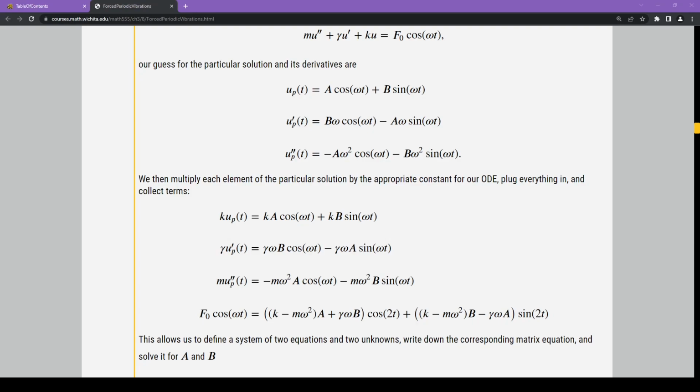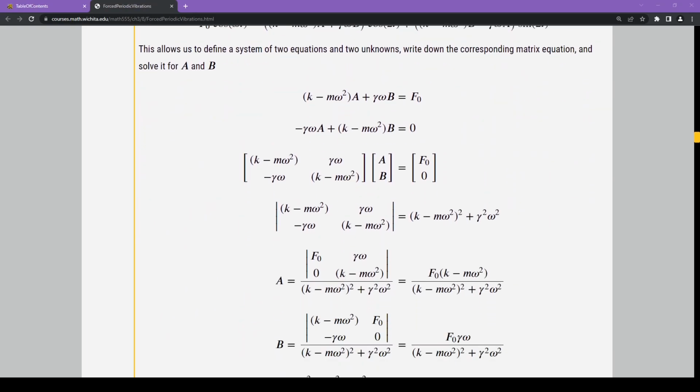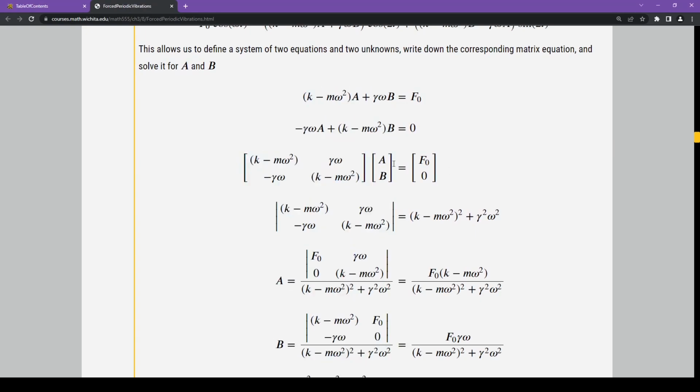We put everything in, and what we can do, like we just did, is solve the matrix equation to tell us what the values of A and B are, except those values of A and B are going to be dependent upon what the particular values of these coefficients are.